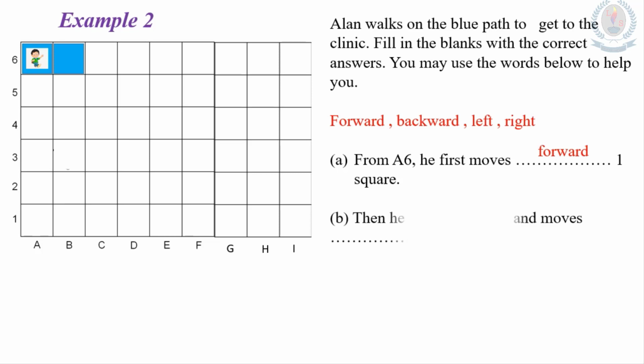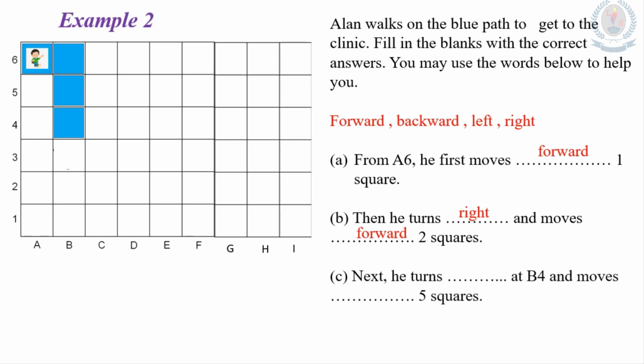Okay, now look at question B. Then he turns blank and moves blank 2 squares. Look at the grid and tell me the answer. Yes, right and forward. Then he turns right and moves forward 2 squares.